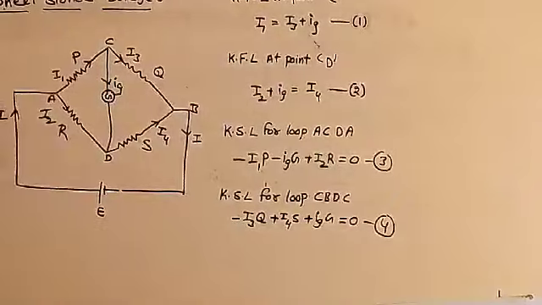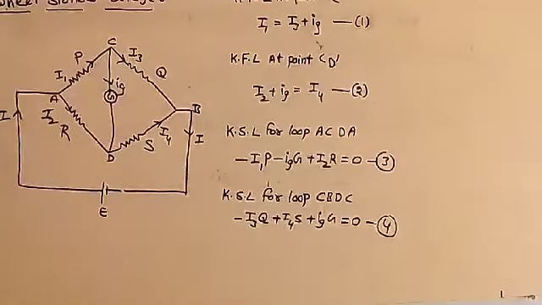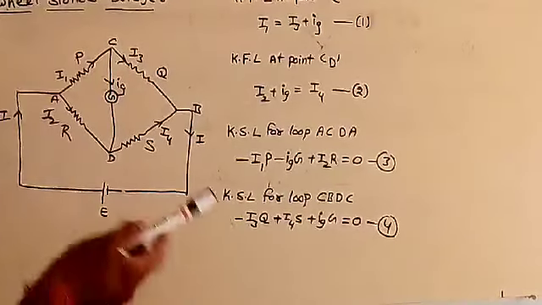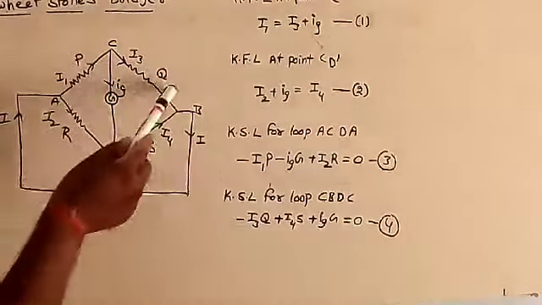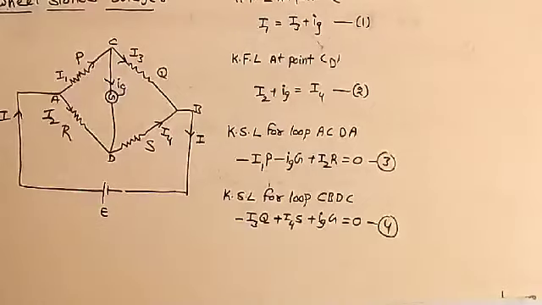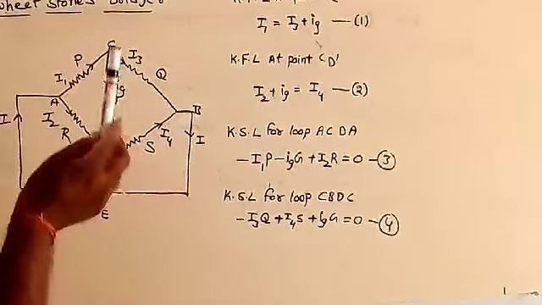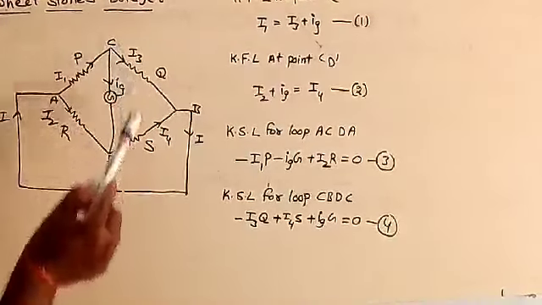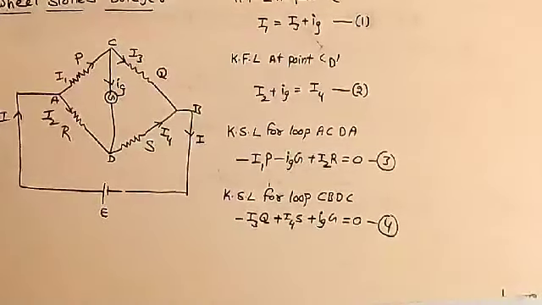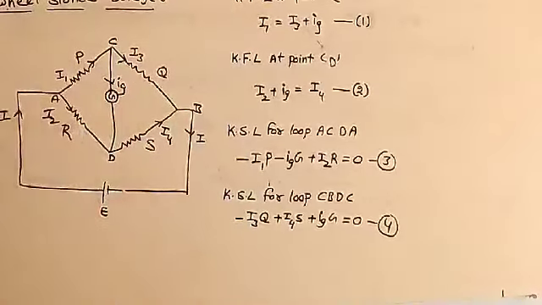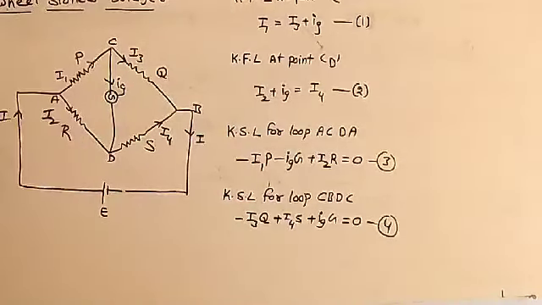See here, one important condition you must know. What is that condition? Suppose P, Q, R, S, if all resistances are balanced, then the potential at point C and the potential at point D are equal. When is this possible? Only if the bridge is balanced.